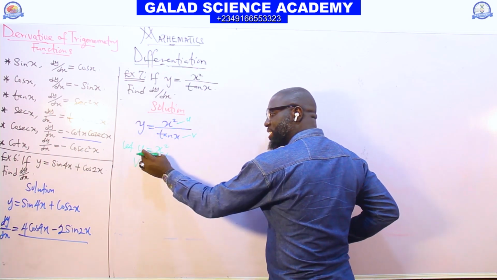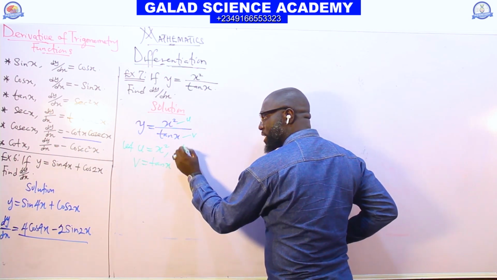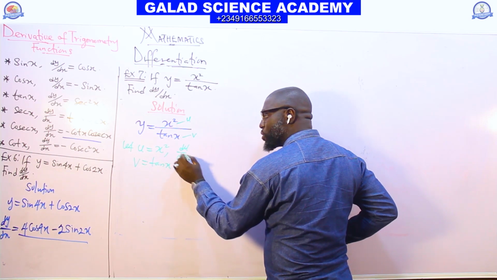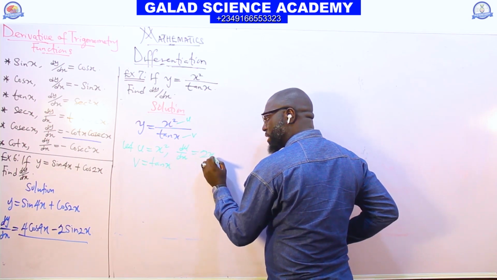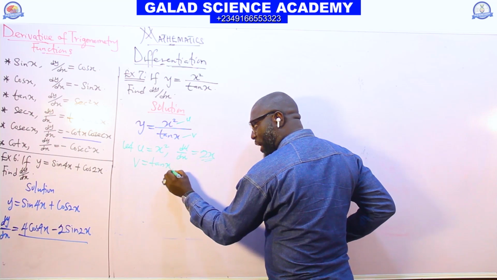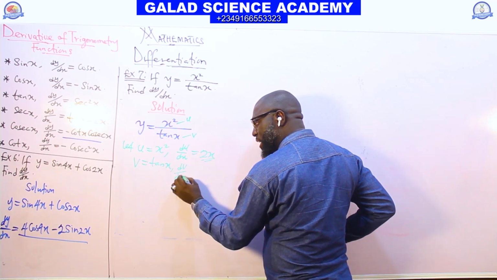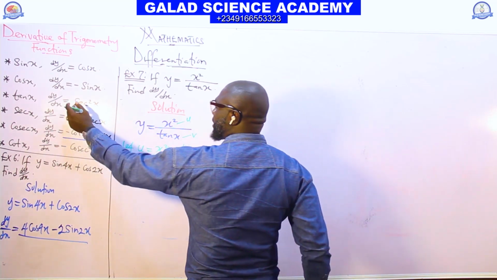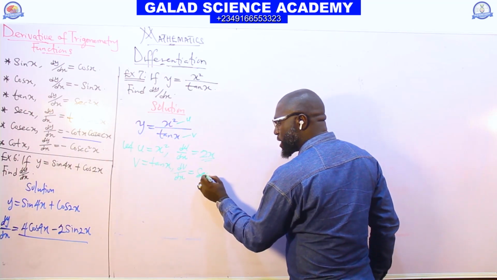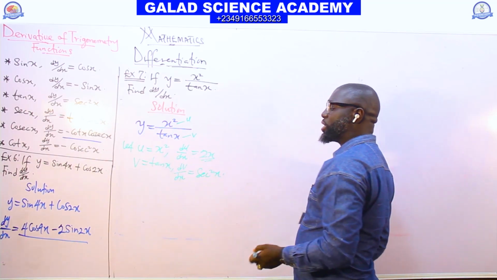By doing that, the derivative of u with respect to x, du/dx, will give us 2x. The derivative of tan x, dv/dx, is sec squared x. You are done.